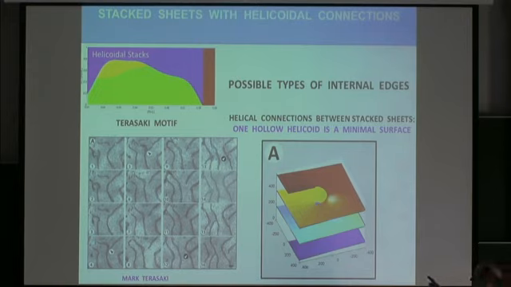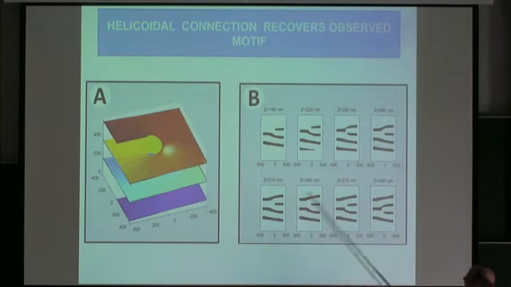So we were happy to understand it, and indeed cross sections of such a helicoid very closely reproduced this Terasaki motif. Those are theoretical, numerical cross sections, but they are very similar to the Terasaki motif we just saw.